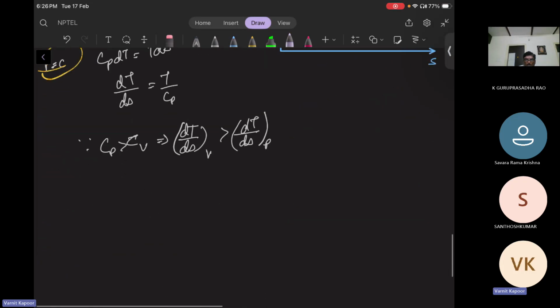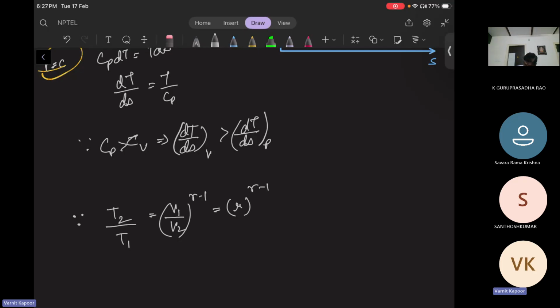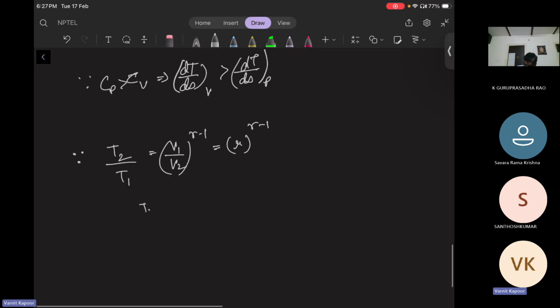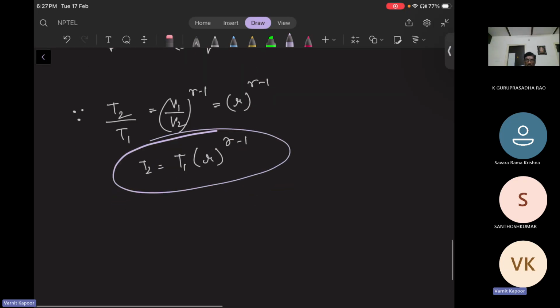Since 1 to 2 is an isentropic process, T2 by T1 is V1 by V2 to the power of gamma minus 1, and it is nothing but R to the power of gamma minus 1, as V1 by V2 is R. So T2 will be T1 times R to the power of gamma minus 1. So we have T2 in terms of T1.